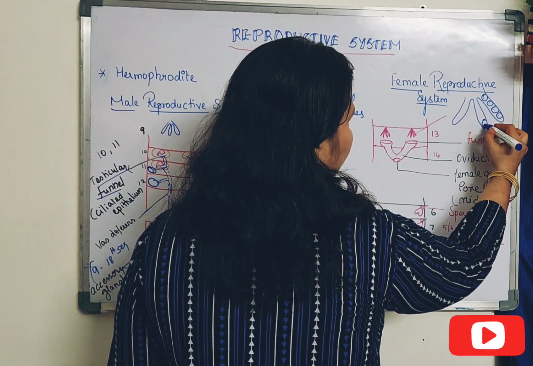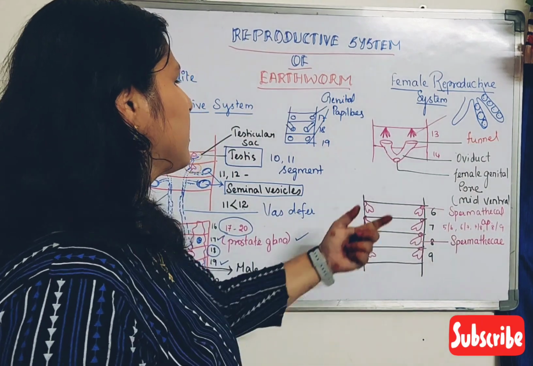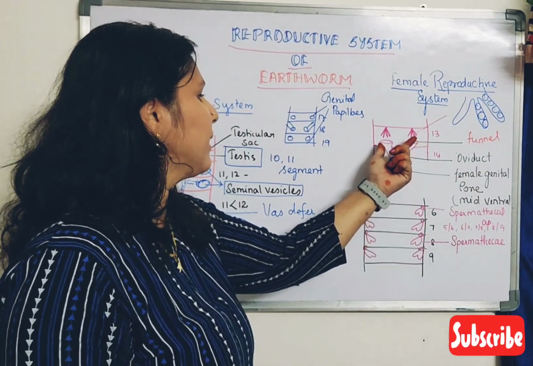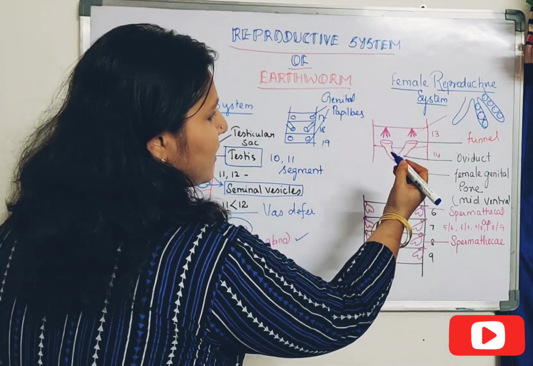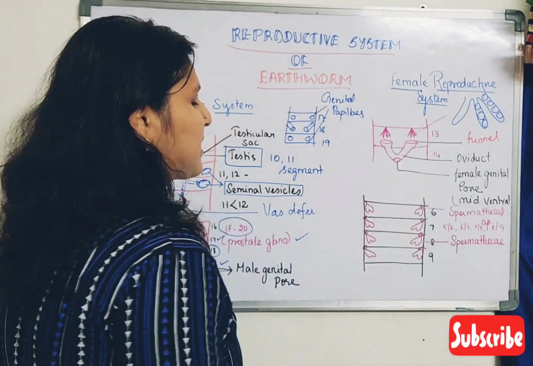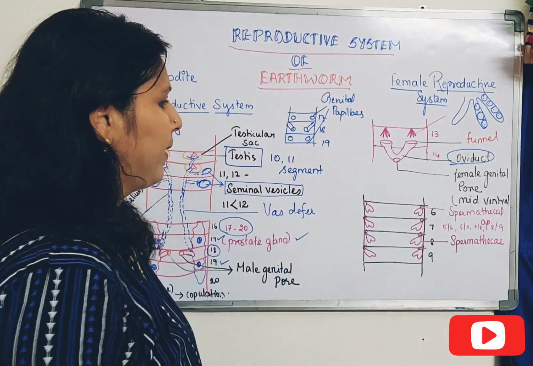Clear? And this ovary is connected to a small funnel-shaped structure, which extends into a small duct-like part, which we call the oviduct.